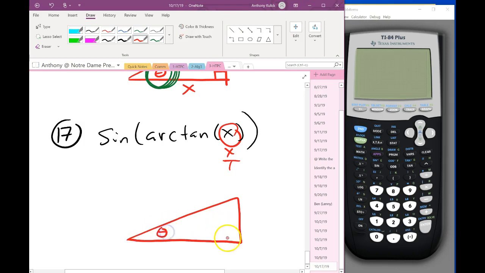So arctangent is the angle in a right triangle whose opposite side is x and whose adjacent side is 1. Using the Pythagorean theorem, I can find the hypotenuse, which is just going to be the square root of 1 plus x squared.